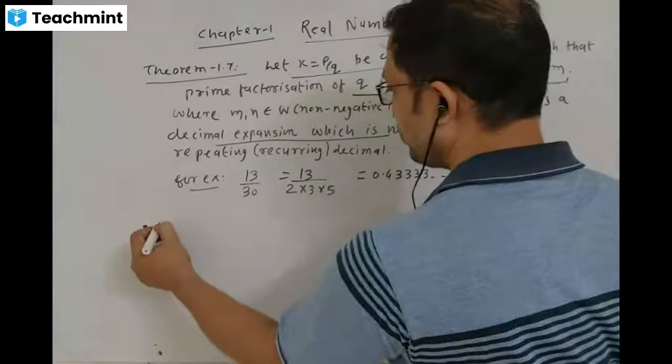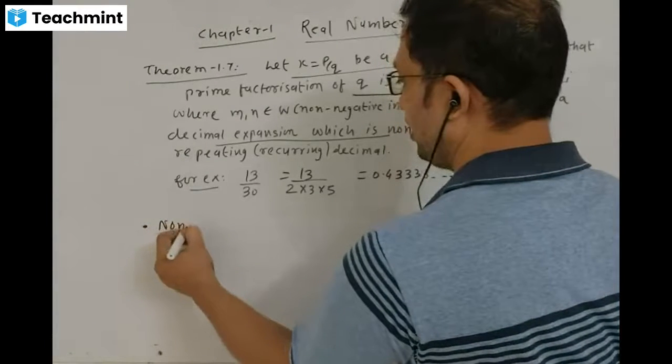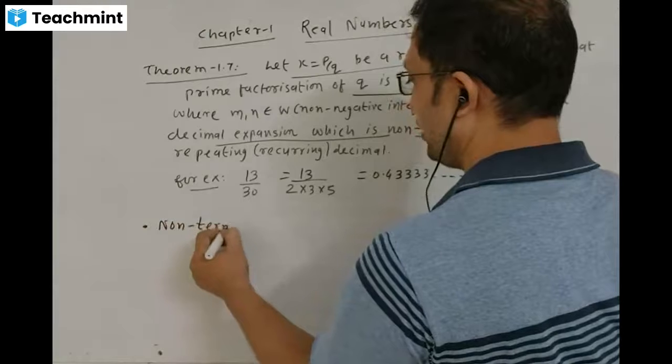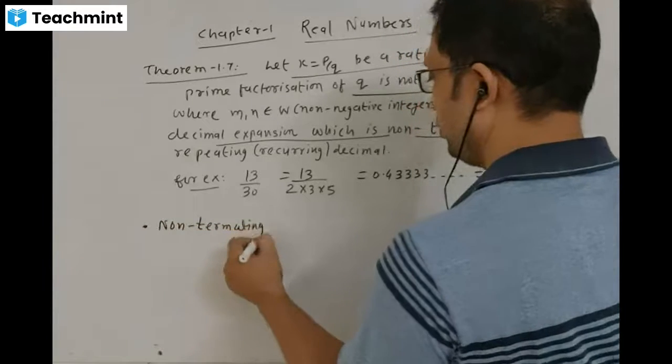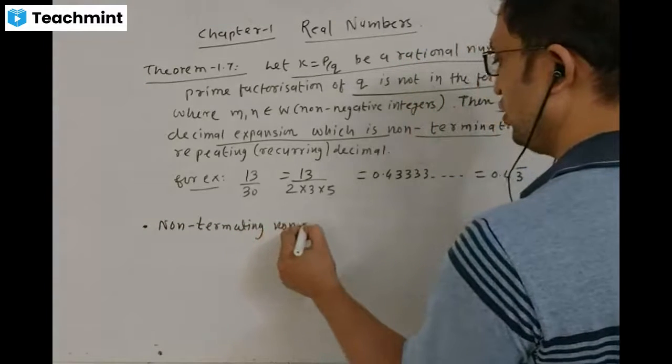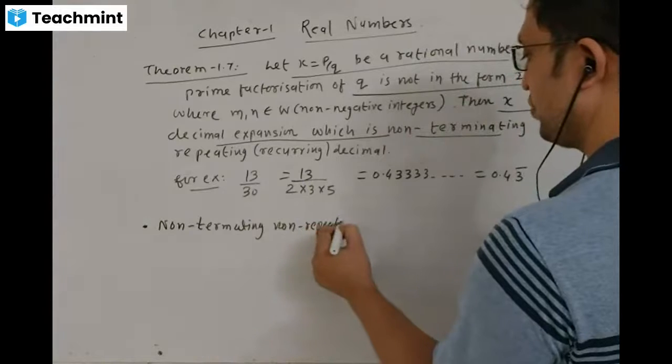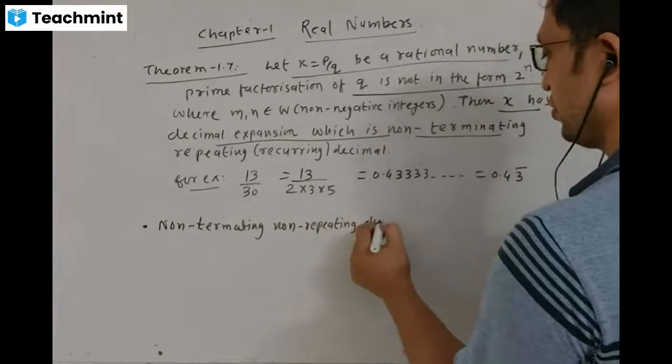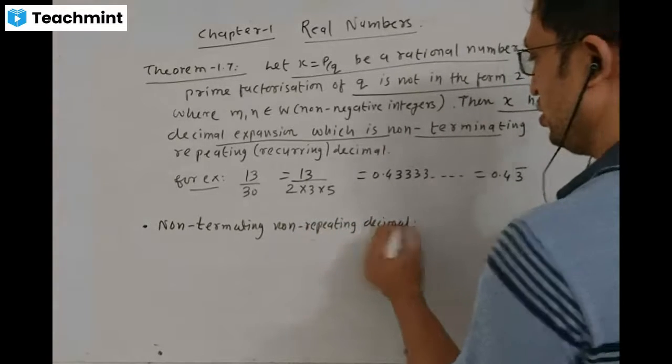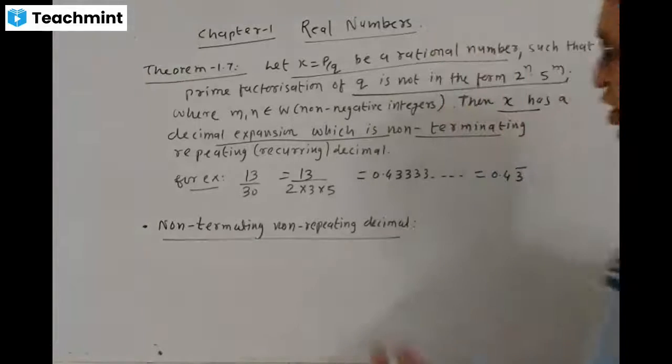The next one, non-terminating, non-repeating decimal. The number is an irrational number.